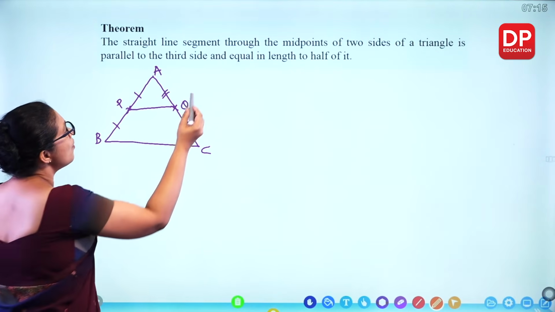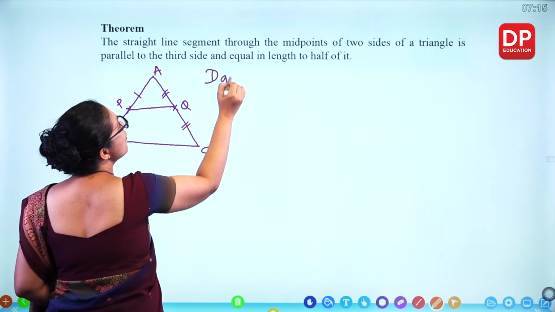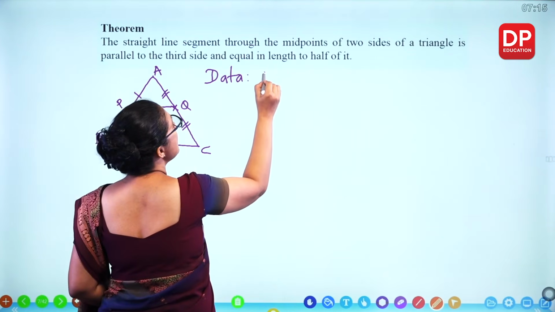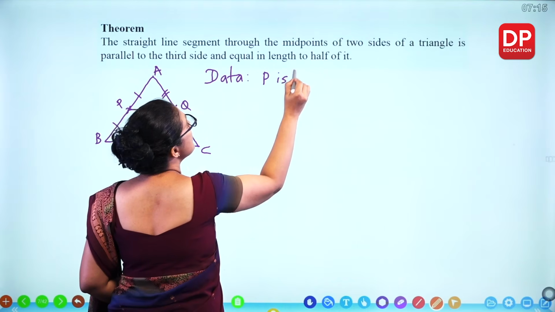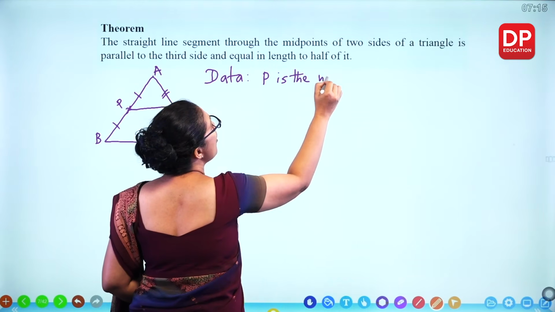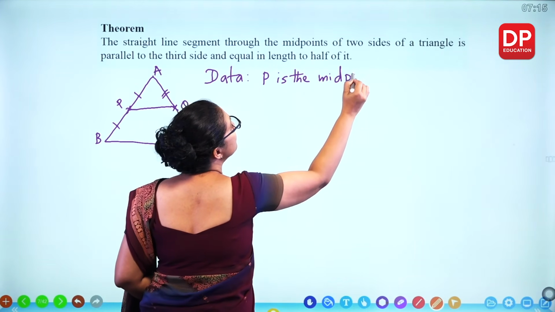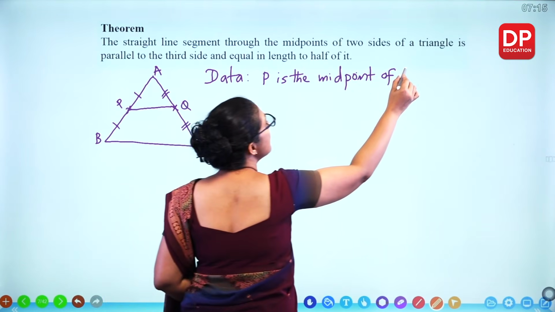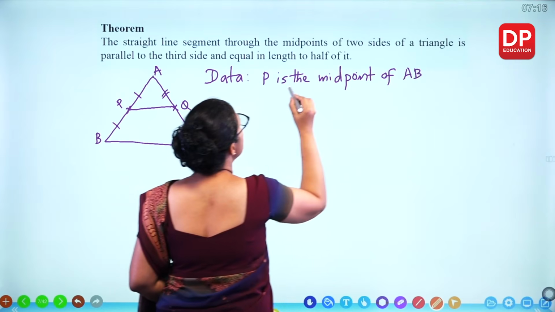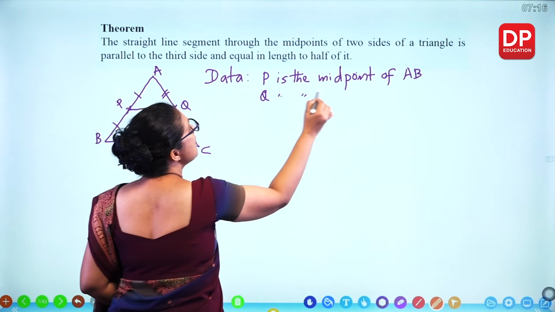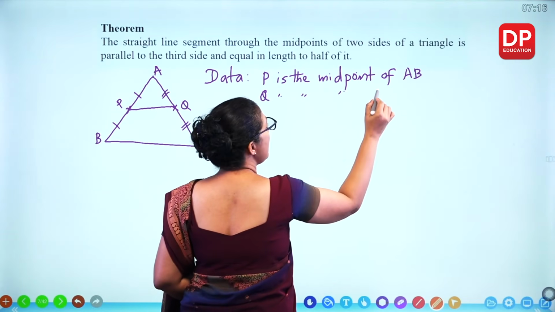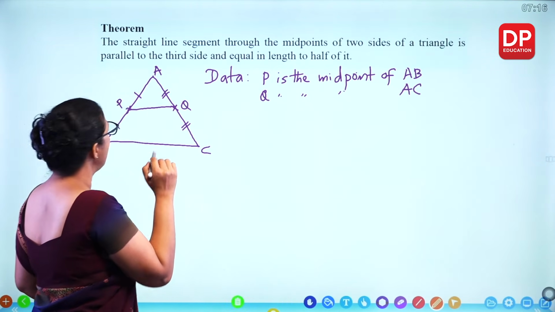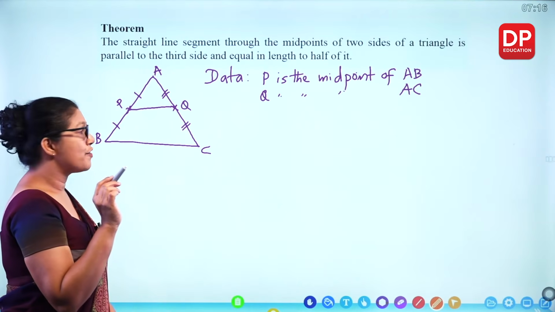Now we know these two information. P is the midpoint of AB and Q is the midpoint of AC. That information we already know.